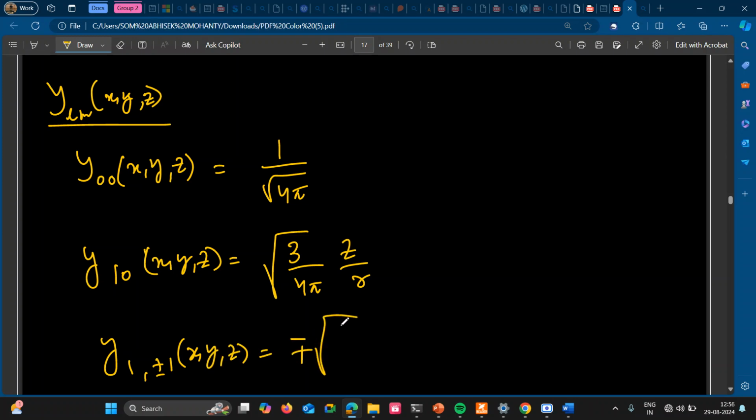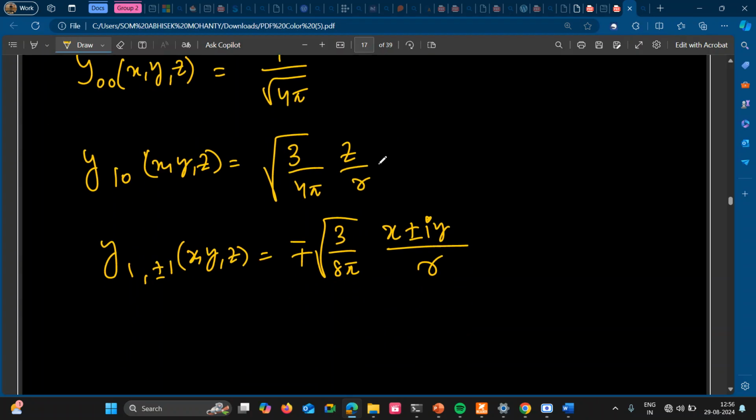Y 1 plus or minus 1 of XYZ is equal to minus plus. This was a mistake I made: I first wrote plus minus, but that's wrong. It is minus plus. That means if this is plus, this should be minus. Be very careful about it. Next is Y20 of XYZ, that will be root over 5 by 16 pi.